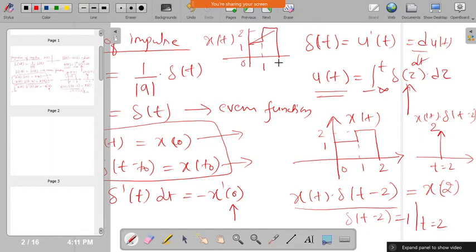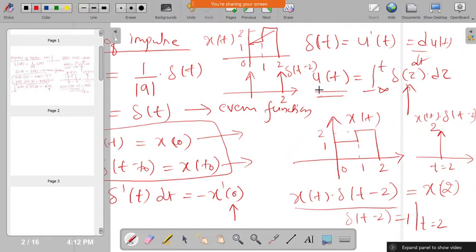Now our impulse function is del of t minus 2, which has the value 1 only at t equal to 2. Now you multiply these two. What is the value? Only this impulse will remain.